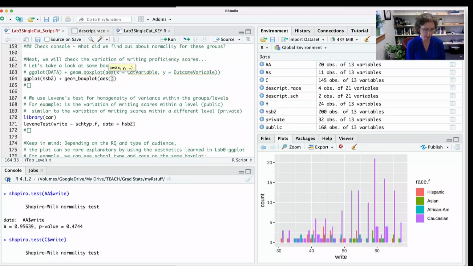Here we want our categorical variable. So we'll do race, and y will be the outcome variable. So x and y.